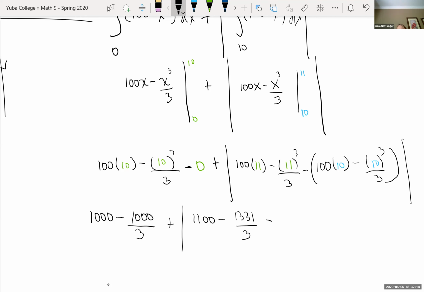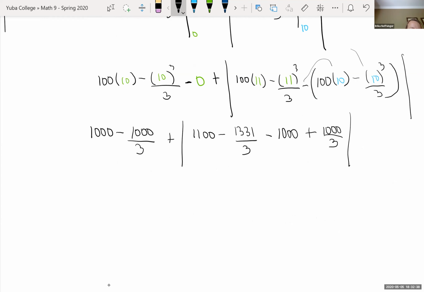And so negative times 100 times 10, that's minus 1,000. And distribute my negative here, that's going to be plus 1,000 over 3. So I'm going to just keep this 1,000 for now, minus 1,000 over 3, plus, so let's combine like terms inside of this absolute value. So 1,100 minus 1,000, that gives me 100.